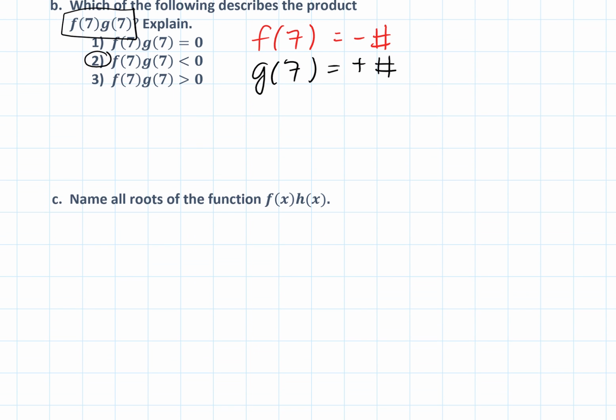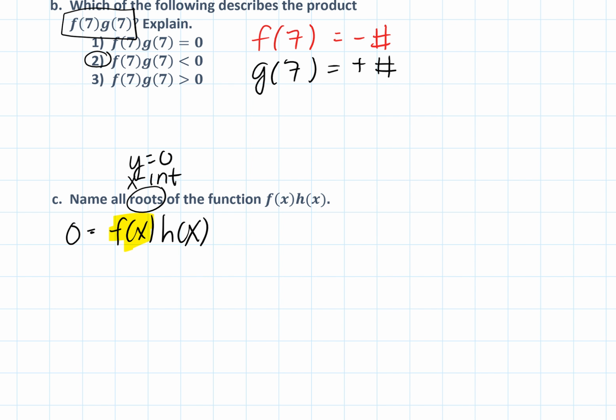Okay, name all the roots of the function f of x, h of x. Well, roots are x-intercepts, and we know that for an x-intercept to occur, that means the y value must be 0. So we're going to set 0 equal to f of x times h of x. And in order for that to be true, we have a product, right?